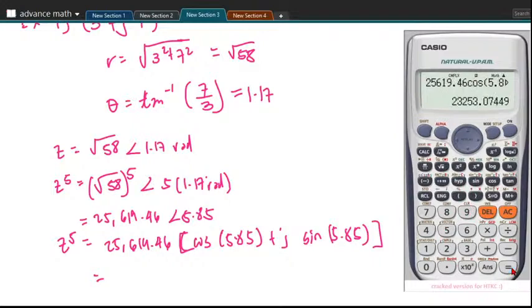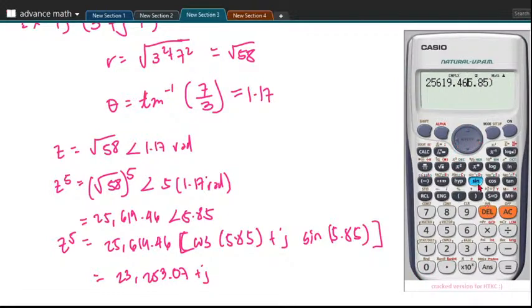So we will have 23,253.07 plus j of sine, so we replace this one with sine.